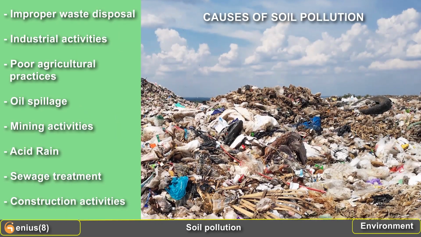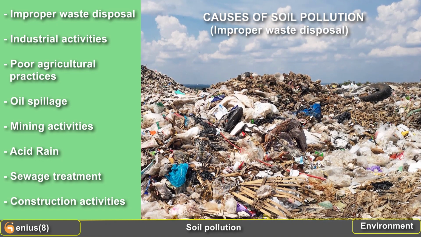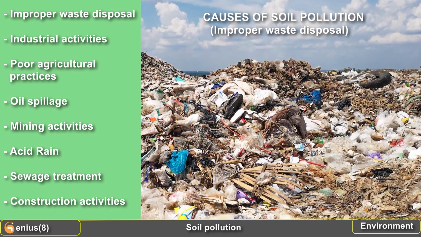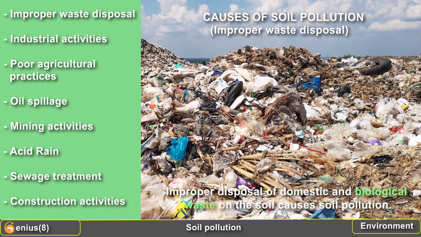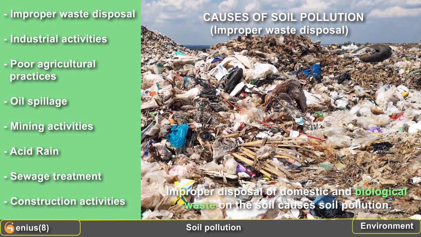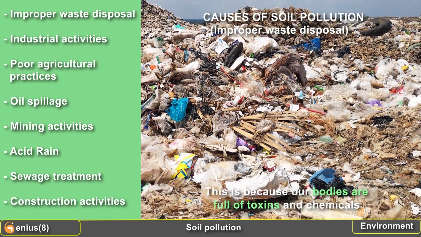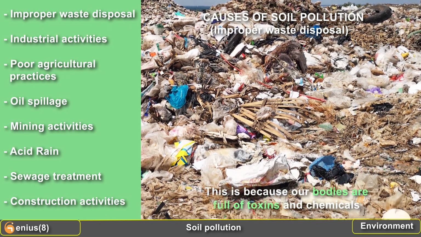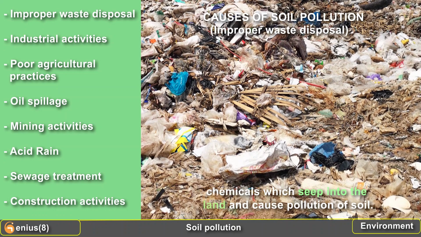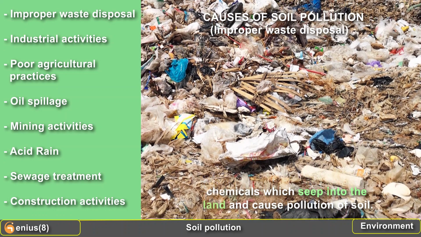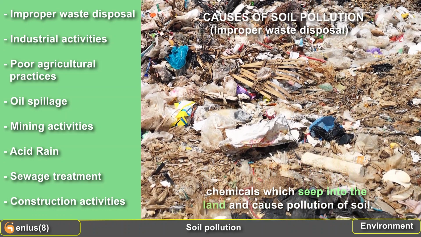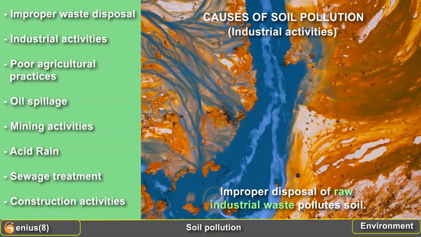Causes of soil pollution. Improper waste disposal. Improper disposal of domestic and biological waste on the soil causes soil pollution. This is because our bodies are full of toxins and chemicals which seep into the land and cause pollution of soil. Industrial activities.